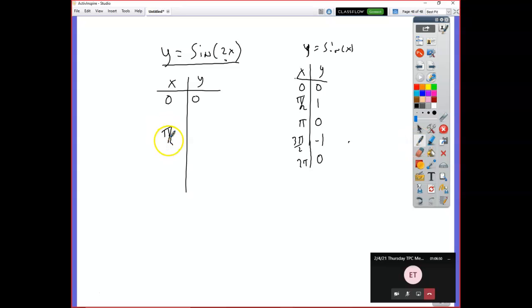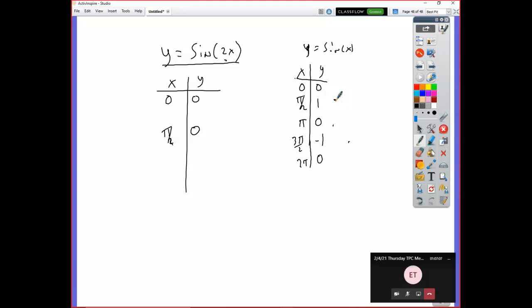Pi over 2 times 2 would be 2 pi over 2, which is pi. What's the sine of pi? 0. So I get a different answer.